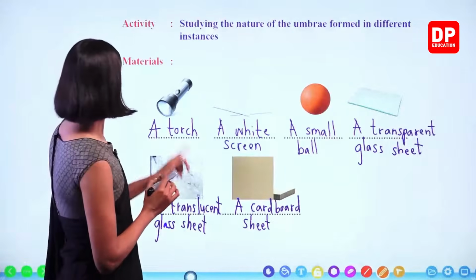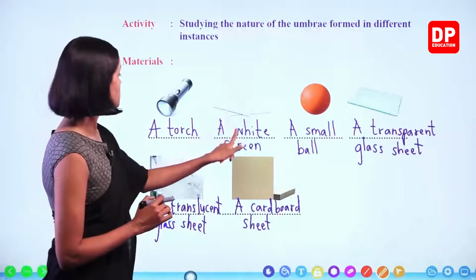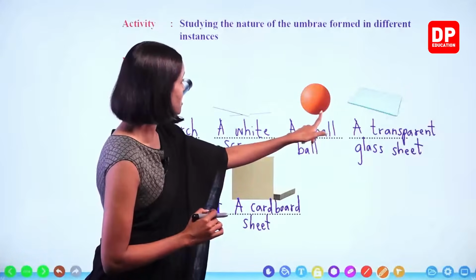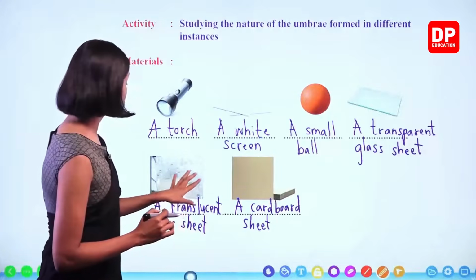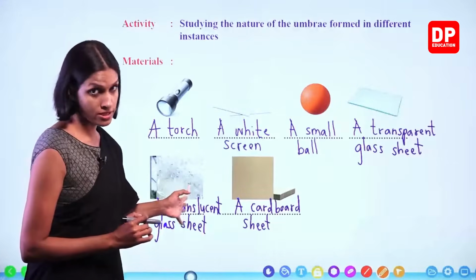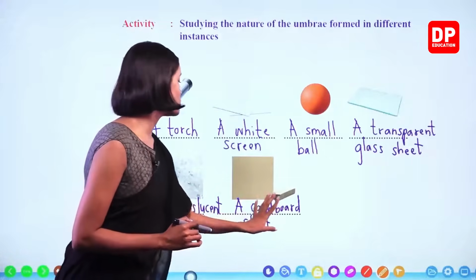Right, children? We need a torch, a white screen, a small ball, a transparent glass sheet, a translucent glass sheet or decorative glass, and a cardboard sheet.